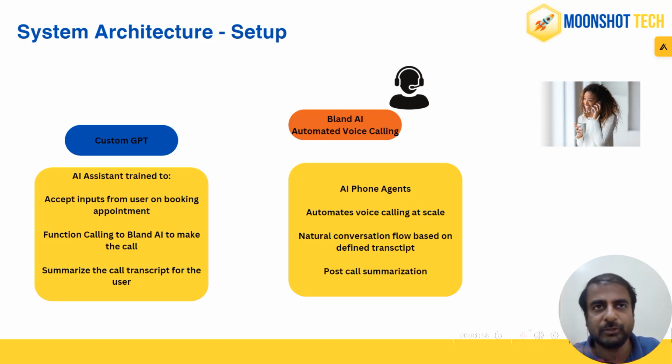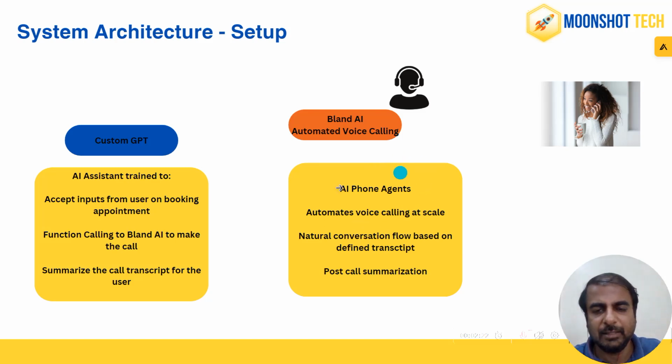Bland AI exposes API calls for us to make those voice calls. And this custom GPT would automatically create the transcript for the conversation that Bland AI needs to have with the client. It will create a nice transcript, and the objective of the call, and then pass that information on to Bland AI.